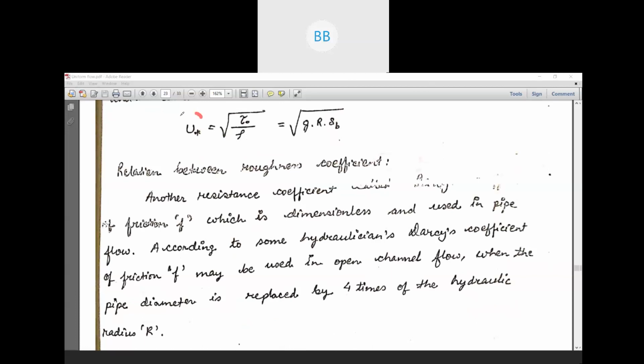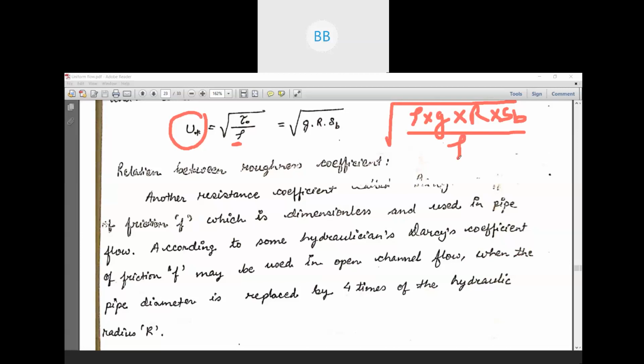So here you can see u star is equal to root over shear stress divided by density. Shear stress is nothing but our specific weight, that is rho into g multiplied by R into bed slope, divided by density. This is your u star.